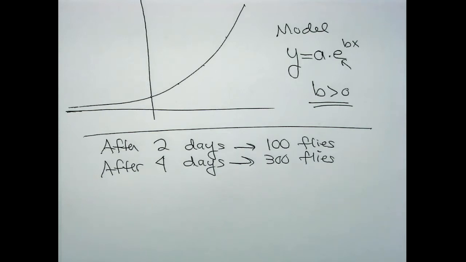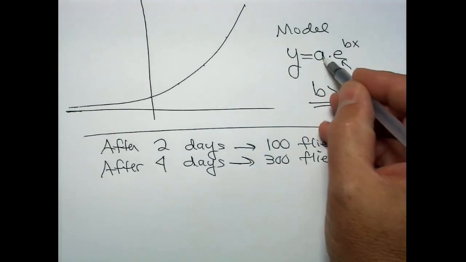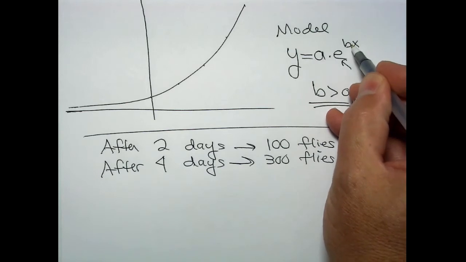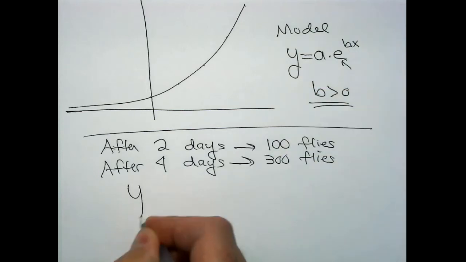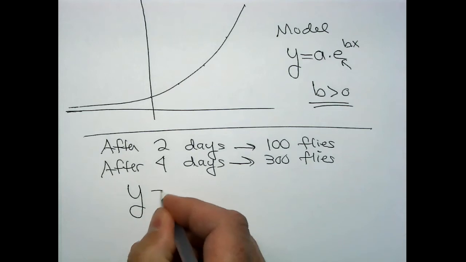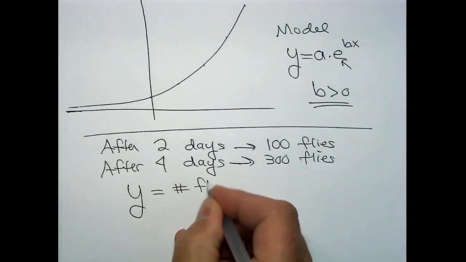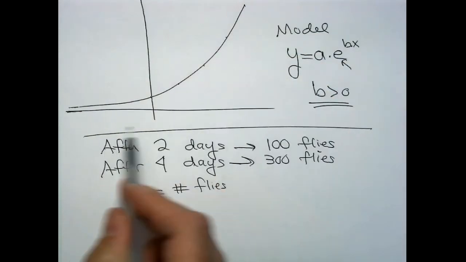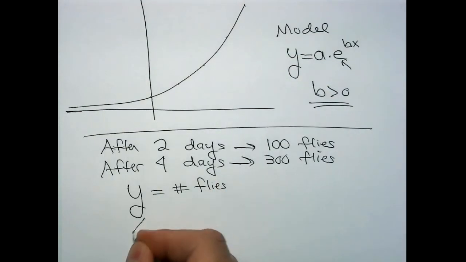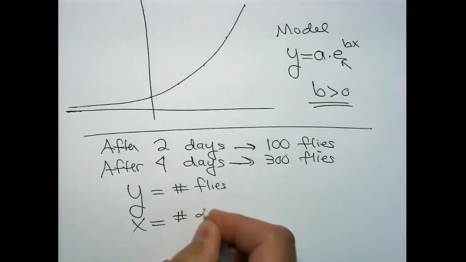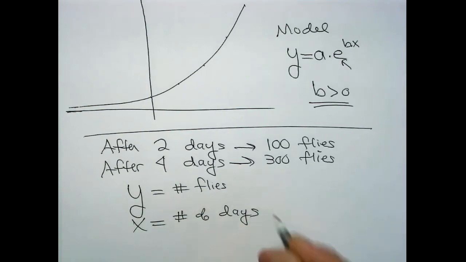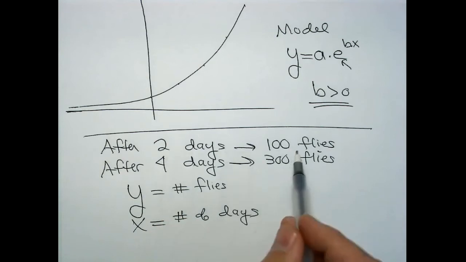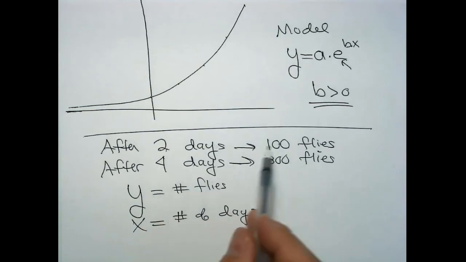So let's create the model. Let's figure out what A and B actually should be here. In this particular case, y represents the number of flies, because y is up here. Down here, the x-axis, that's the number of days. So what I would do is feed this data in as x and y.